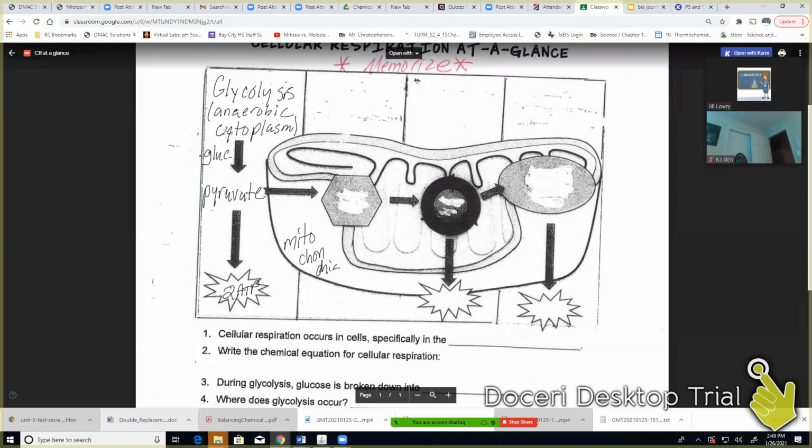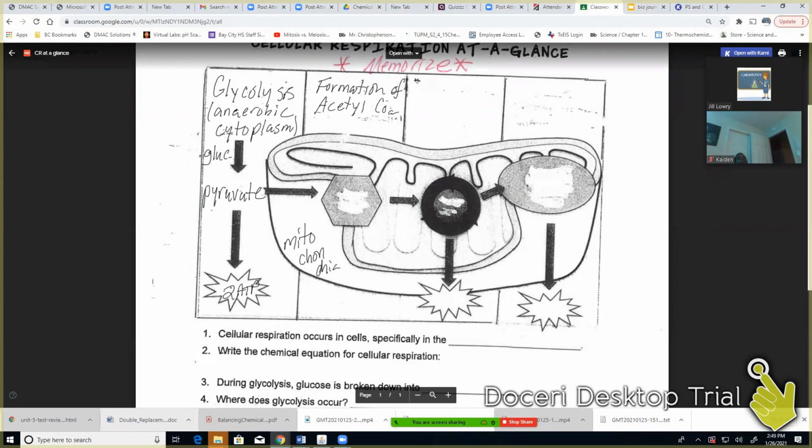Then the pyruvate is actually what moves into the mitochondria. And we have the formation of acetyl CoA.